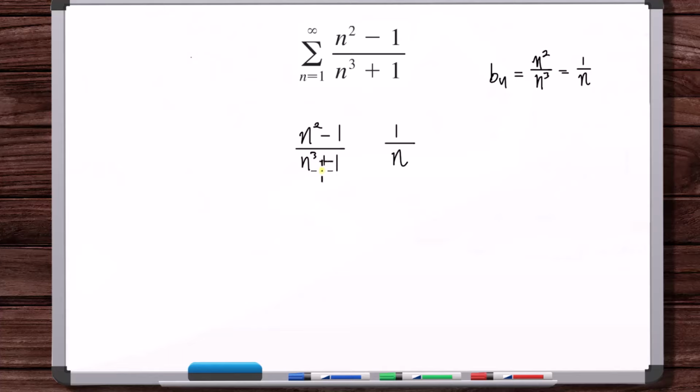Well, actually, no, this is not that tricky. If you subtract 1 from the numerator, that becomes smaller than this, right? And if you add 1 to the denominator, that becomes even smaller. So this is going to be less. It's not as tricky as I thought it was going to be.